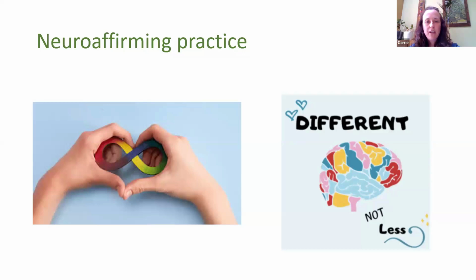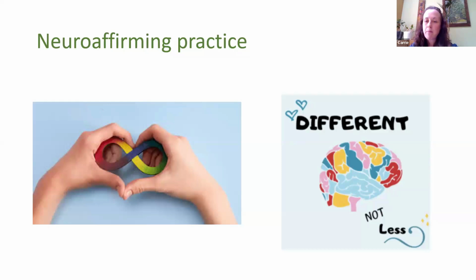To give some really concrete examples of that, in the past there was a practice called ABA that was used quite heavily, particularly in America. The autistic community have now come out, those who were children who experienced ABA, and have spoken about how traumatic they found those experiences.